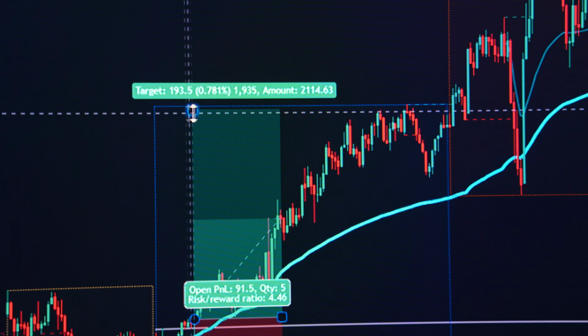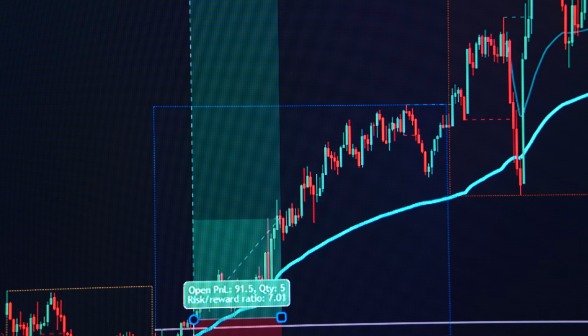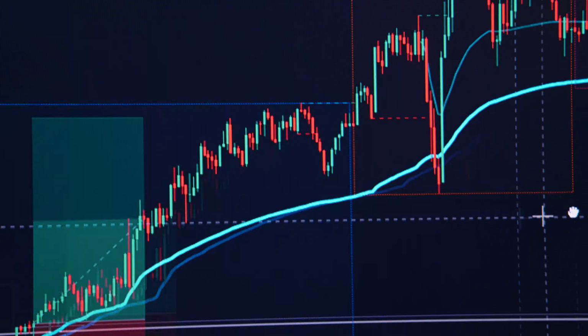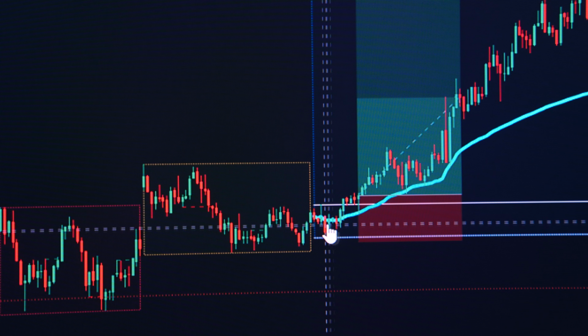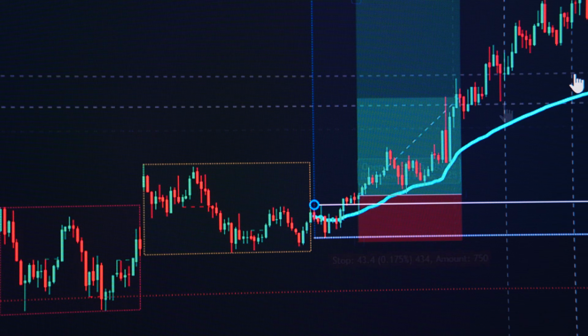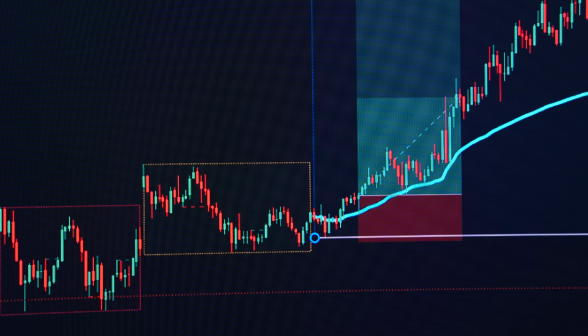And if you'd have held it even during the US session, you would have caught almost 8R. It's crazy, right? So you see how simple this is. All you're doing is marking out your high and your low in the first 30 minutes, and you're just waiting for price to show you where it wants to go.